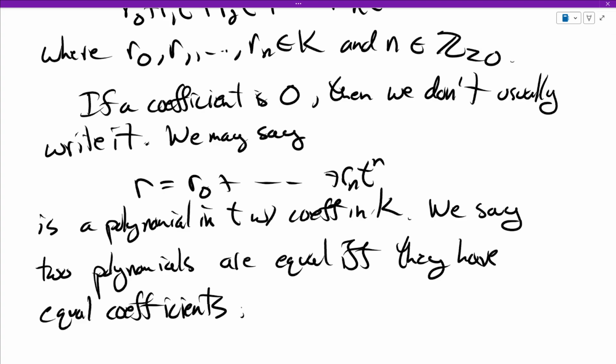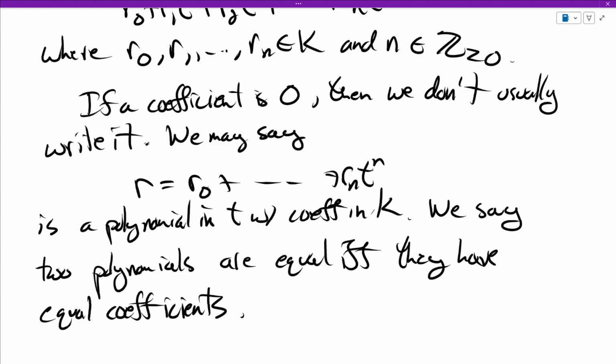Now, two polynomials can appear not to be the same, but they could be equal. Maybe one of them has some extra zeros added on. So it's understood that if the coefficient is not there, it's 0, and if it's 0, we don't need to write it.